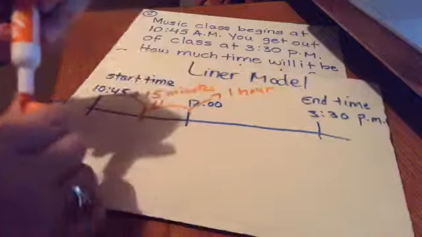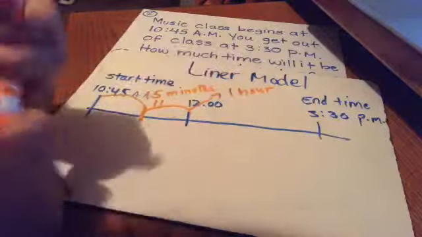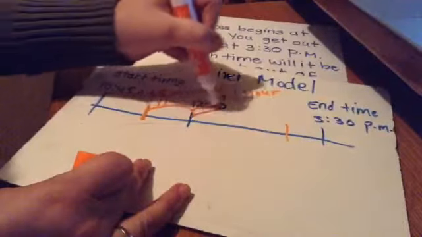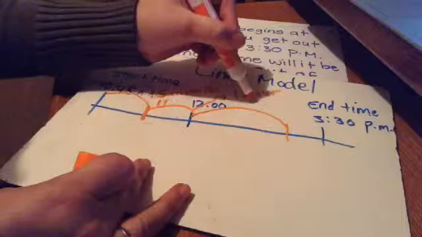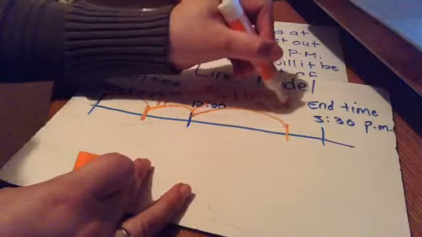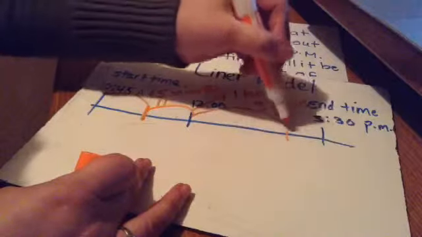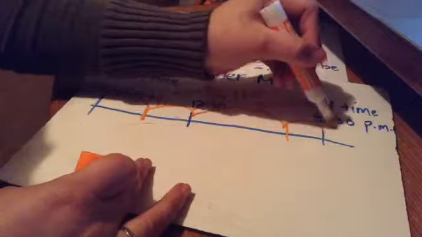And from 12 to 3, we have an elapsed time of 3 hours. And from 3 to 3:30, we have 30 minutes.